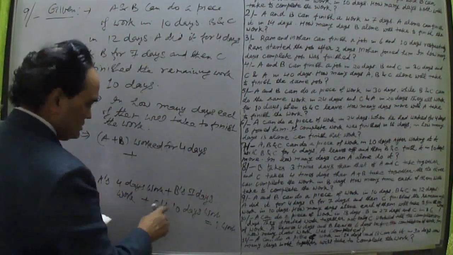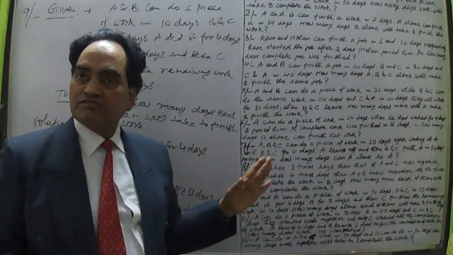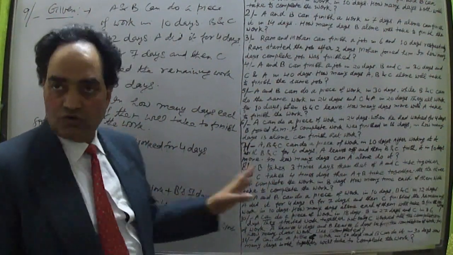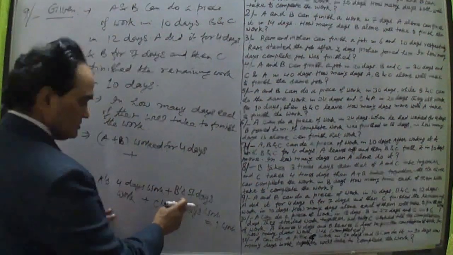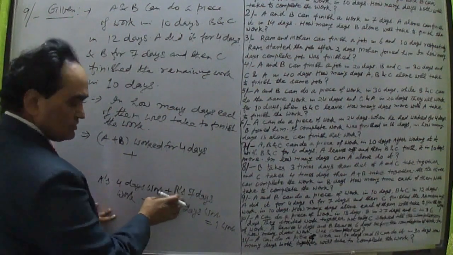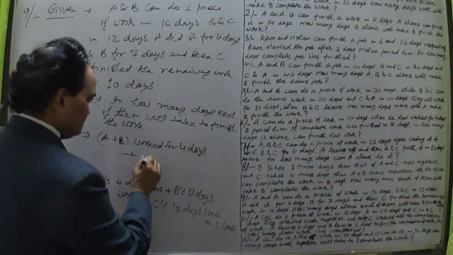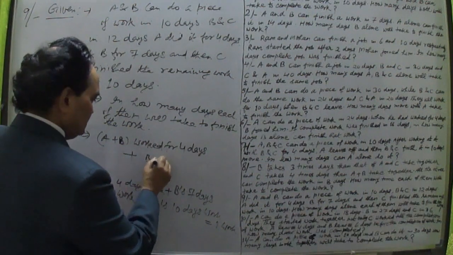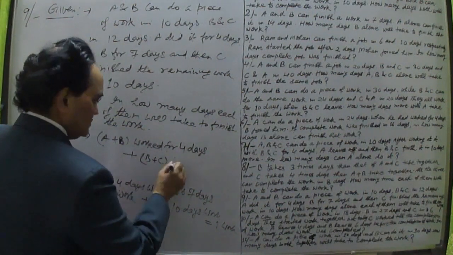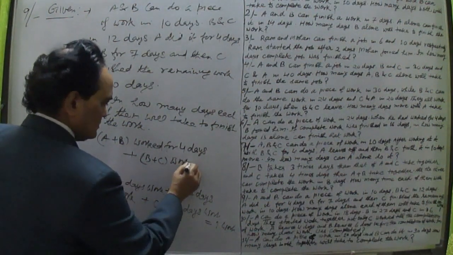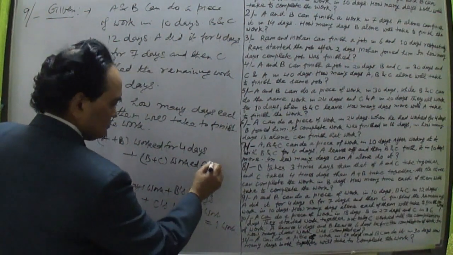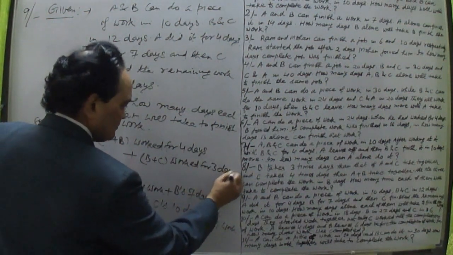Then A left, B is left over, and C is also working with him. The 7 days means 4 days B has already worked, then 3 days B and C work together. B plus C worked for 3 days together.